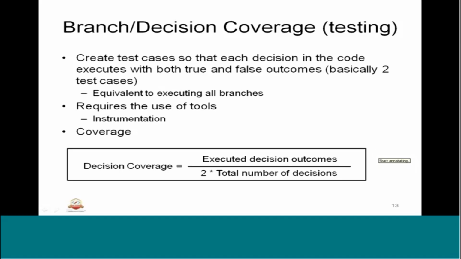Suppose we have covered two diamonds and each diamond will have two outcomes, true and false, then there are 4, because 2 into total number of decisions, because each decision will have two outcomes, either true or false. So if we have exercised one diamond, or two diamonds with one outcome each, it means the path count is 2, so the coverage is 50%.